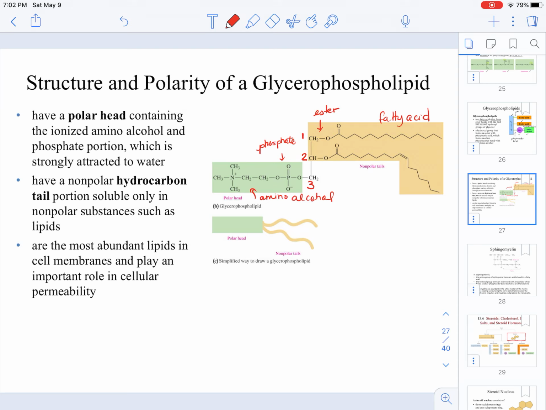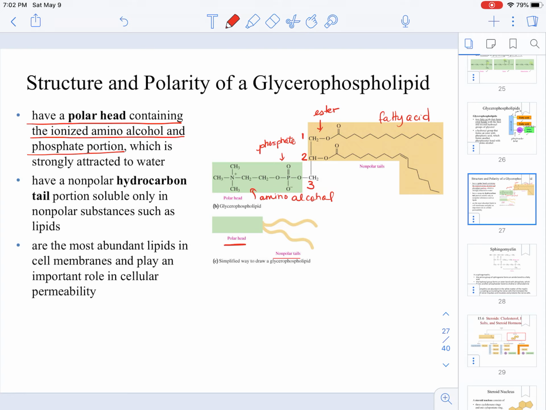Now, understand that when it comes to glycerophospholipids, because your amino alcohol is ionized, it is known to have that charge present. So glycerophospholipids have what is called a polar head, and they have nonpolar tails. The polar head is going to be containing the ionized amino alcohol, okay, and the phosphate portion.